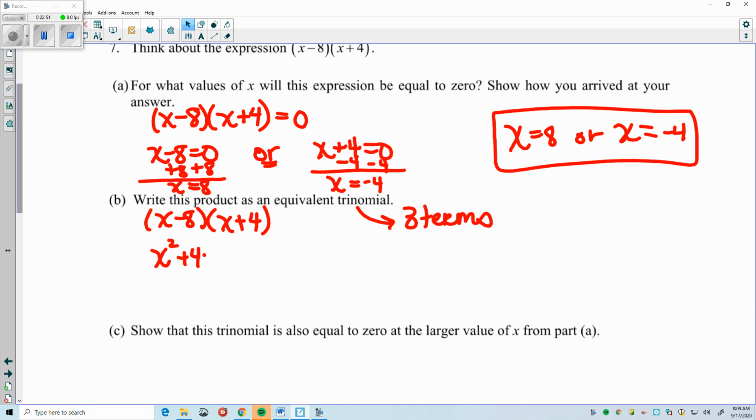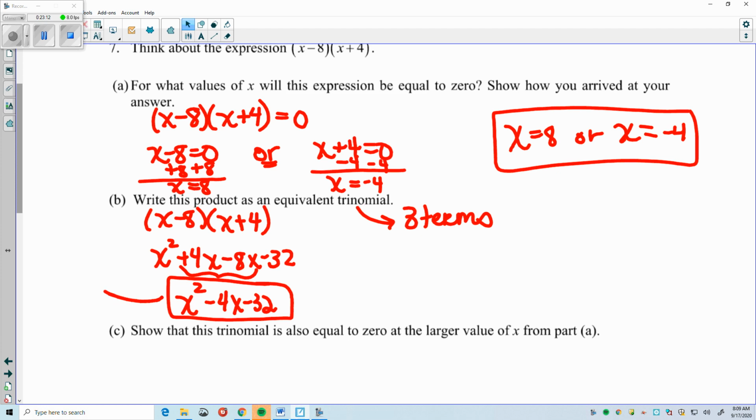I'm going to go to my inside terms. And then I'm going to go to my last, which is negative 32. Okay, again, combine your terms. x squared minus 4x minus 32 is our expression. This is an equivalent trinomial to this. Those are 2 binomials, that's 1 trinomial.